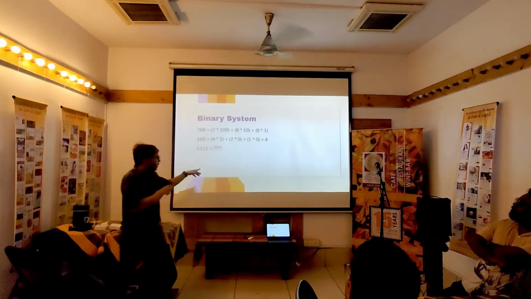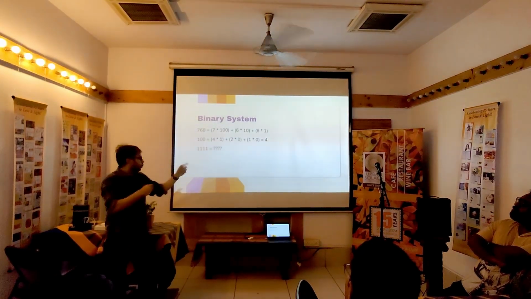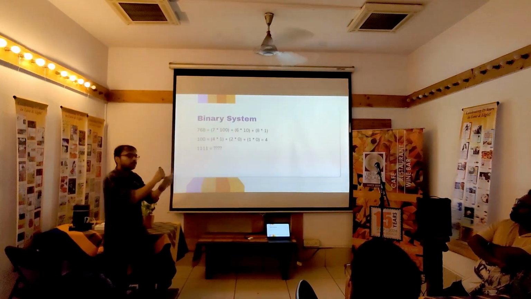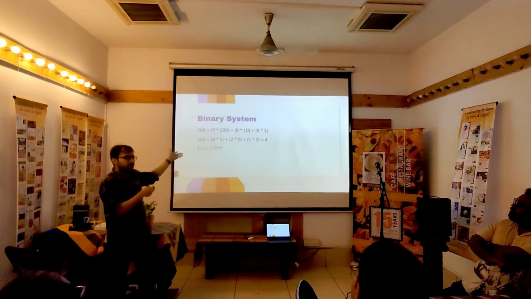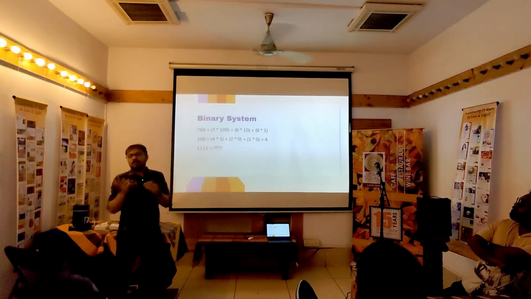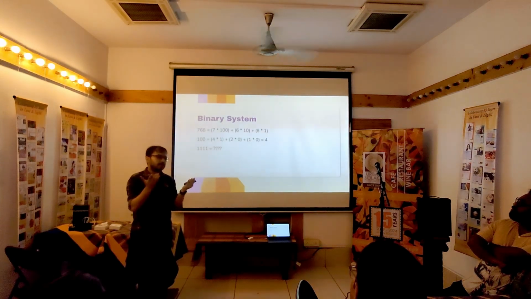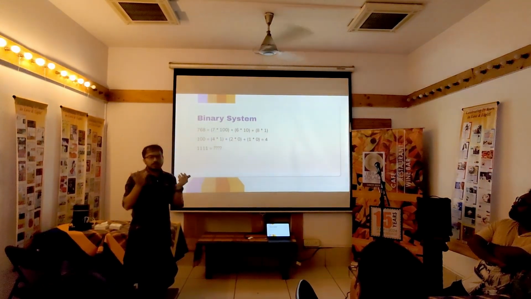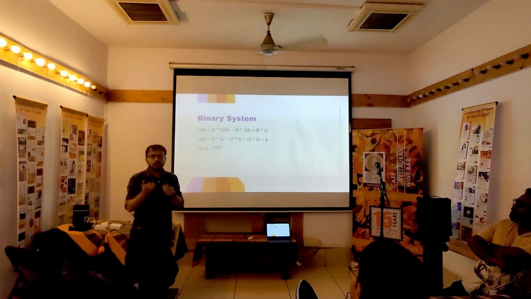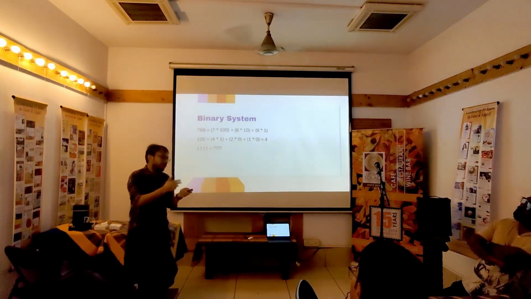So as you can see, with the binary system, you need a larger number of bits to represent numbers compared to the decimal system. And the decimal system came about because we have 10 fingers. So that's why humans invented the decimal system, because it's natural for us to count using our fingers and then expand on that.